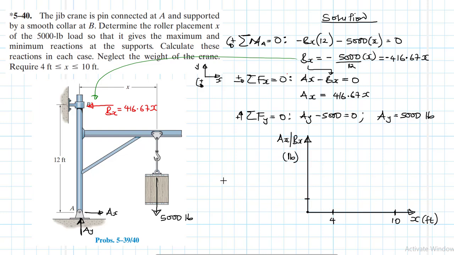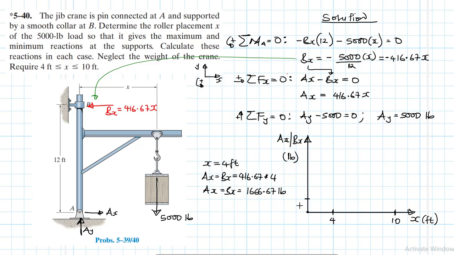When x is equal to 4 feet, AX, which is equal to BX, is going to be equal to 416.67 times 4, and this gives us 166.67 pounds.